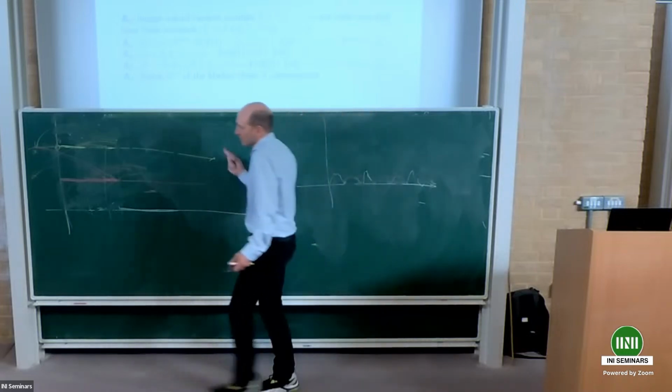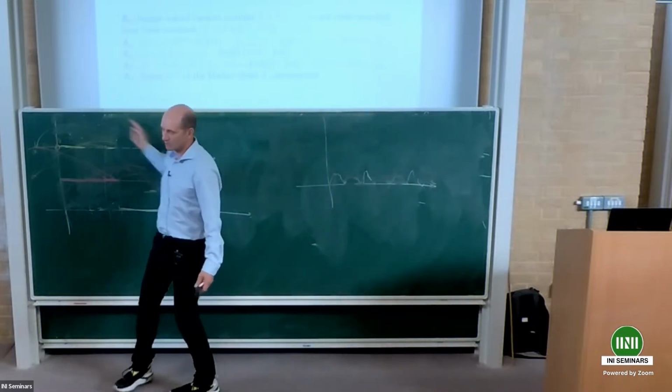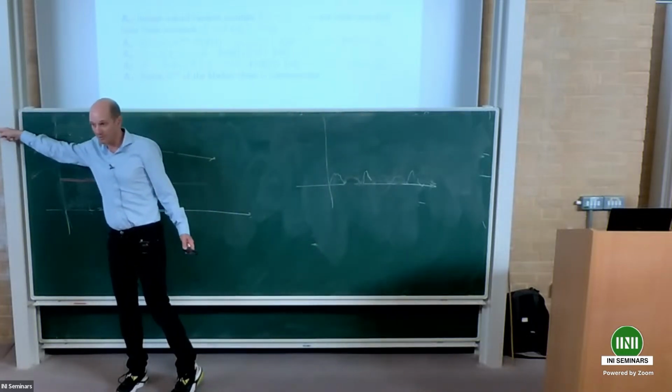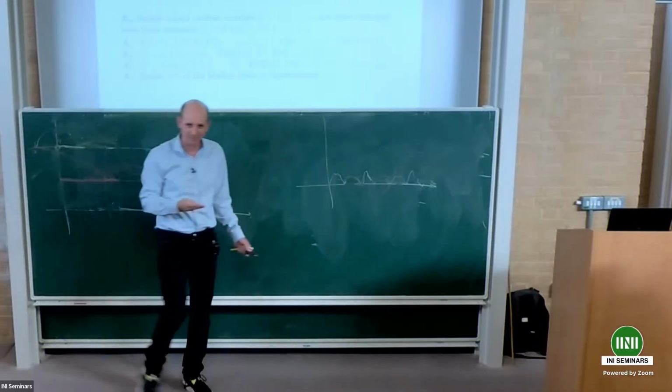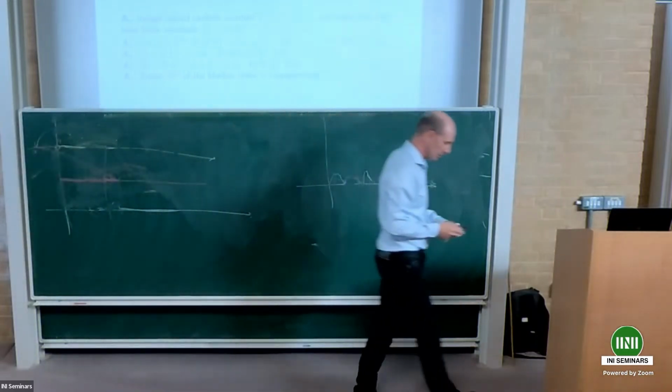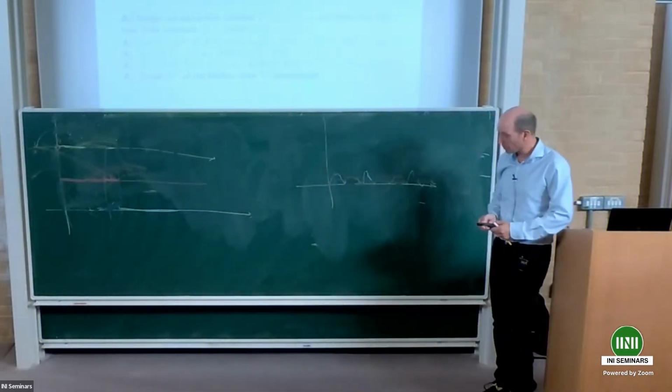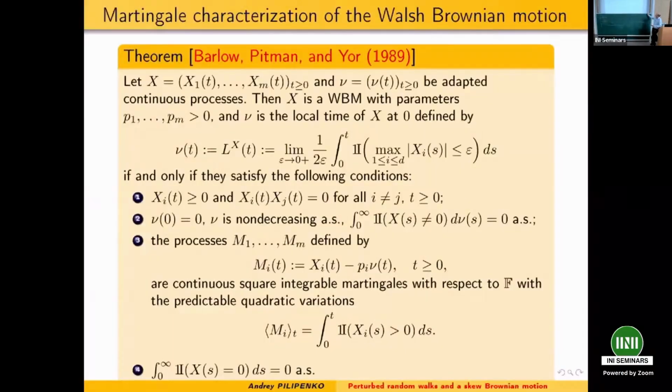But theoretically, jumps are unbounded, and this overshoot may be arbitrary. So we decided to apply the martingale problem, and the martingale characterization of Walsh Brownian motion is the following.